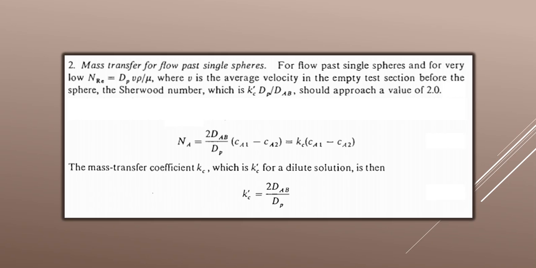Now, as you can see, the K sub C here is comparable to the expression 2 D sub AB over dP. And if we have a dilute solution, and in most cases our solution is dilute, our K sub C is K sub C prime as well, as I have already illustrated in the other sample problem. So we can say that our K sub C here, which is K sub C prime, is equal to 2 D sub AB over dP.